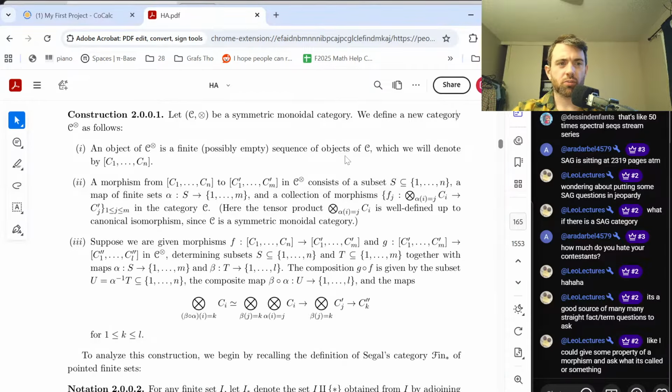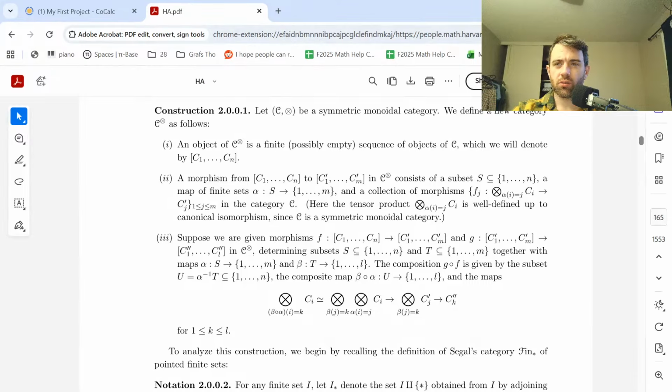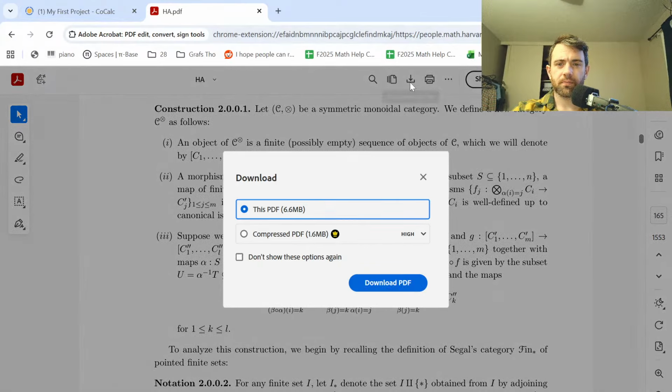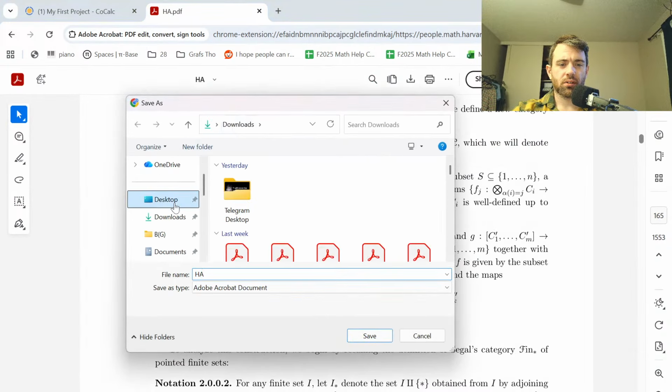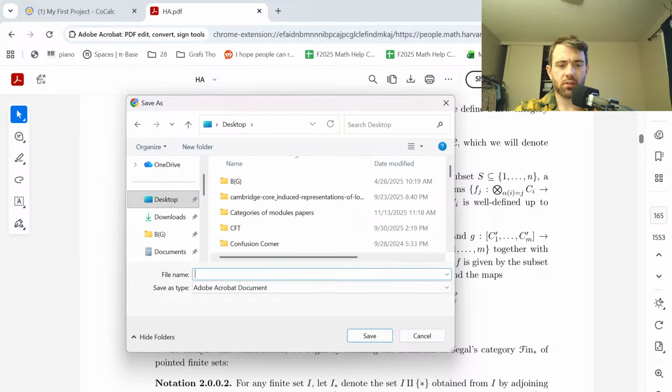Let me download this book. I'll probably want to refer to it again. Where's my download button? What? Oh, here we go. Sure, put it on our desktop. Higher Algebra. Lurie.